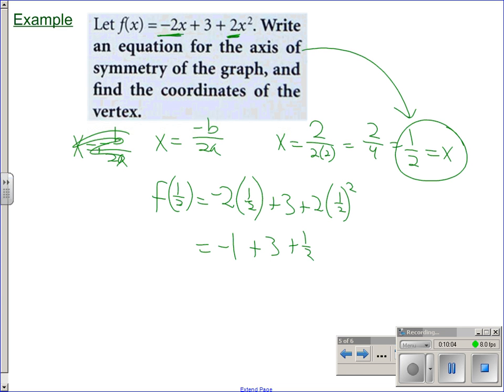So that gives us 2.5, which is 5/2. Okay, so coordinates of the vertex. X coordinate 1/2, y coordinate 5/2. Always put parentheses around a point. And that is it.